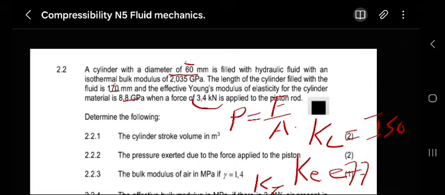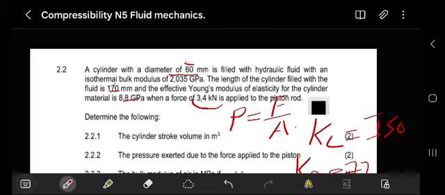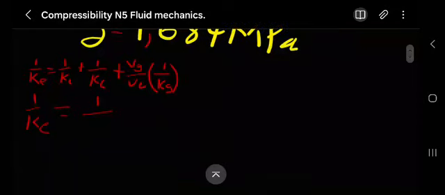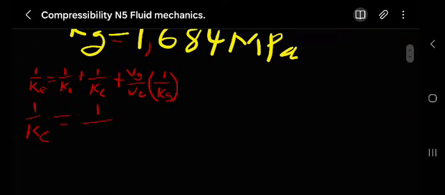If you read this, you'll see they've said a cylinder with a diameter of 60 millimeters filled with hydraulic fluid. The isothermal bulk modulus we have been given is 2.035 gigapascal. That is equal to KL always, right? Alright, that is KL. Substitute your stuff there: 2.035 gigapascal.